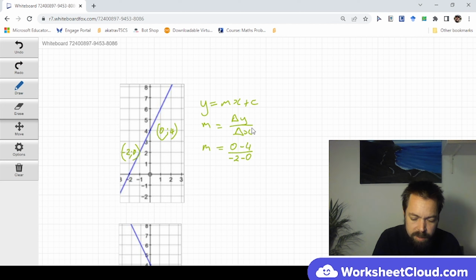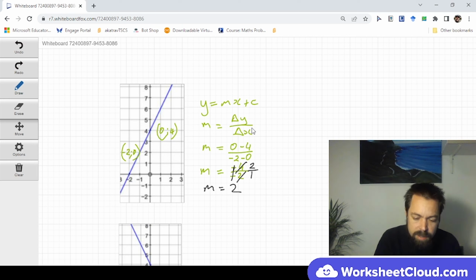So then my gradient simplifies to minus 4 over minus 2, which is the same as, well, our negatives cancel each other out, and 4 over 2 simplifies to 2 over 1, which is the same as just saying 2, so our gradient is equal to 2.